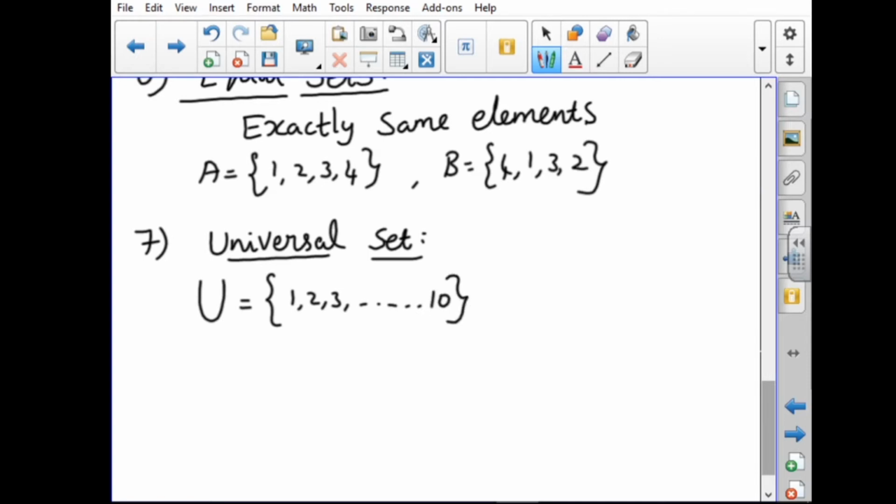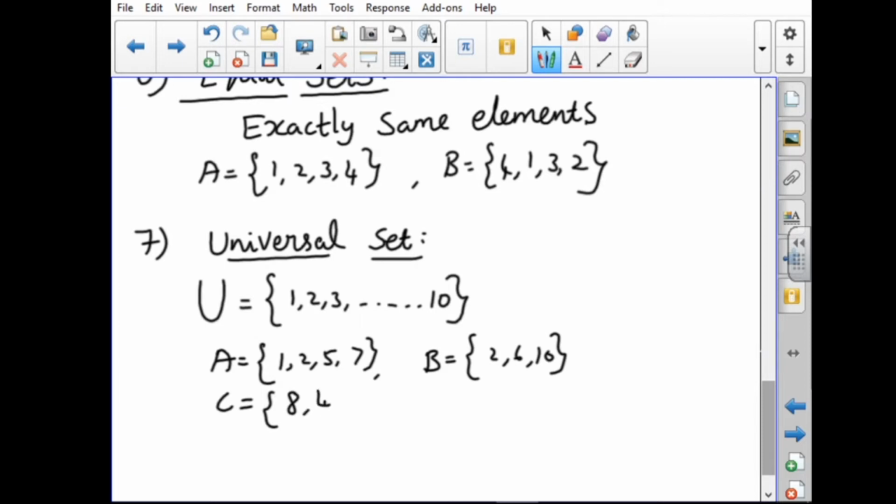Under consideration means we have some other sets. For example, A is equal to {1, 2, 5, 7}, and B is equal to {2, 6, 10}, and C is equal to {8, 4, 3}.